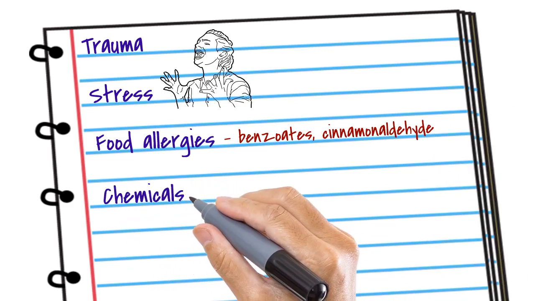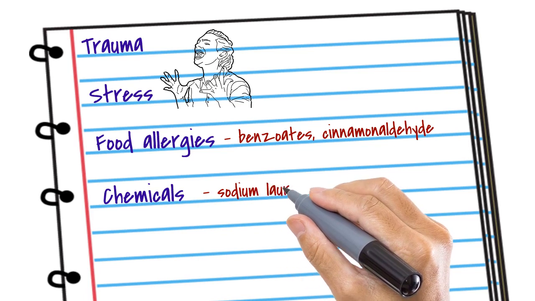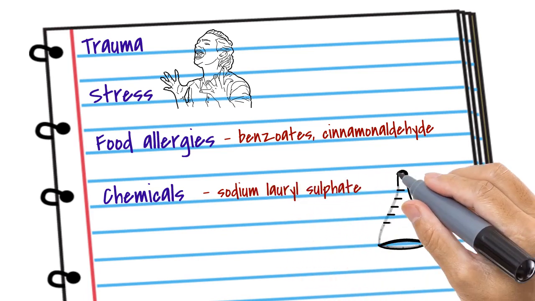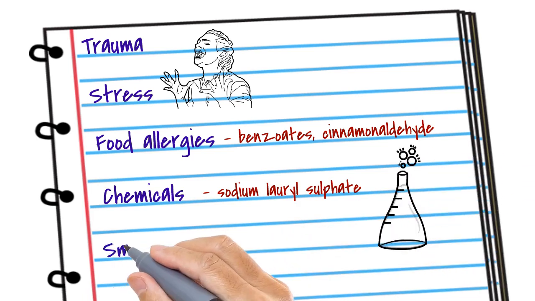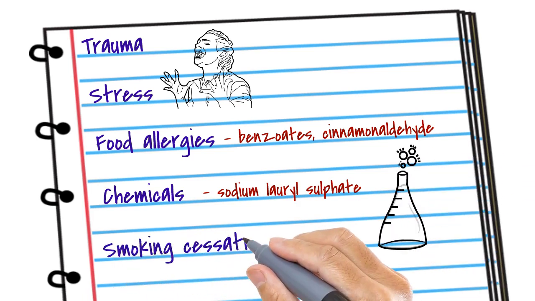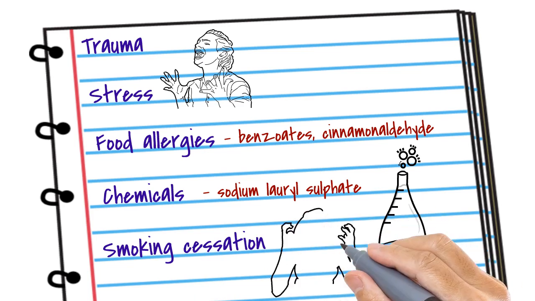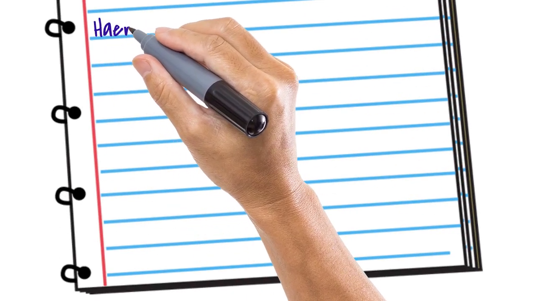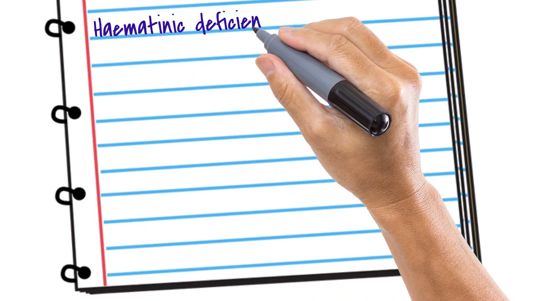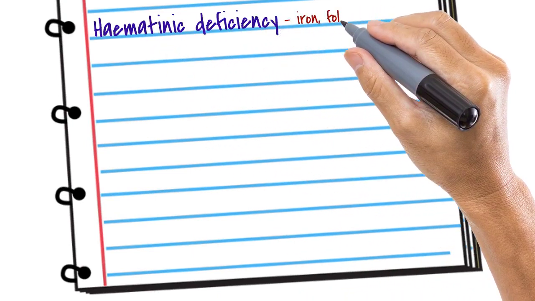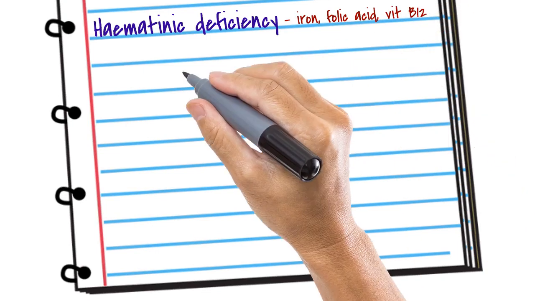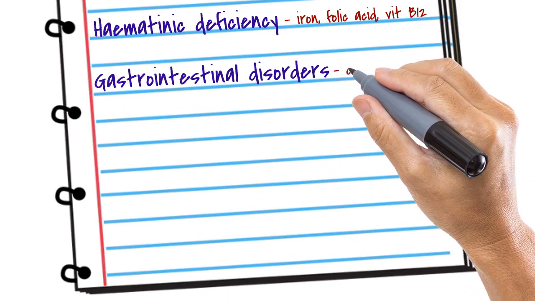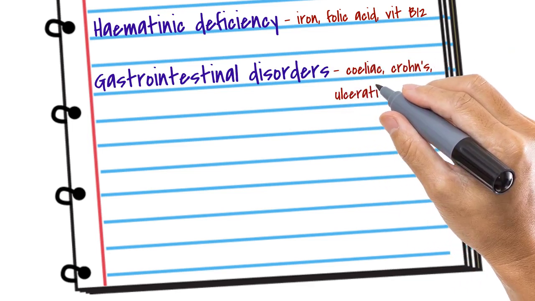Chemicals such as sodium lauryl sulfate, SLS, which is a detergent in many oral healthcare products like toothpastes. Smoking cessation. It's been found that many smokers who stop smoking can suddenly experience recurrent aphthous ulceration. Hematinic deficiency, so deficiencies of iron, folic acid, vitamin B12, etc. Gastrointestinal disorders, including celiac disease, Crohn's disease, and ulcerative colitis.